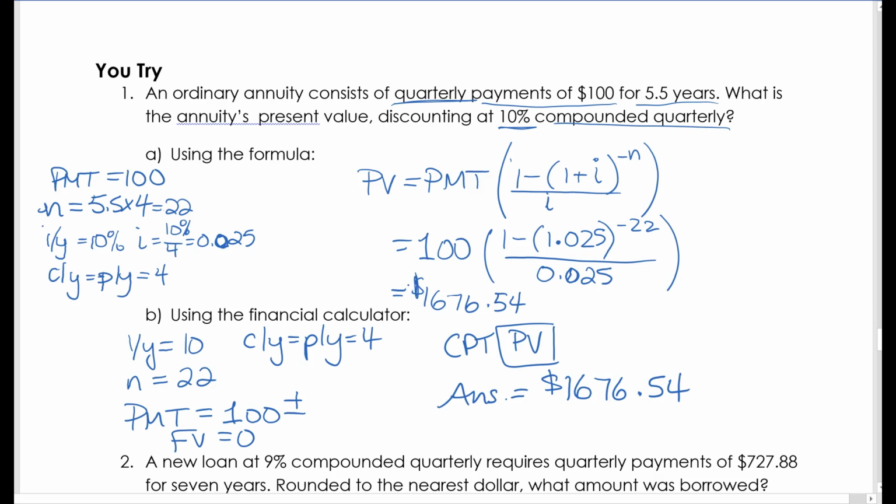When we use the financial calculator, we plug in IY equals 10, N equals 22, payment is 100, do the plus-minus key to make it a negative 100, future value is 0, CY and PY are both set to 4, and then you compute present value and you get the exact same answer.